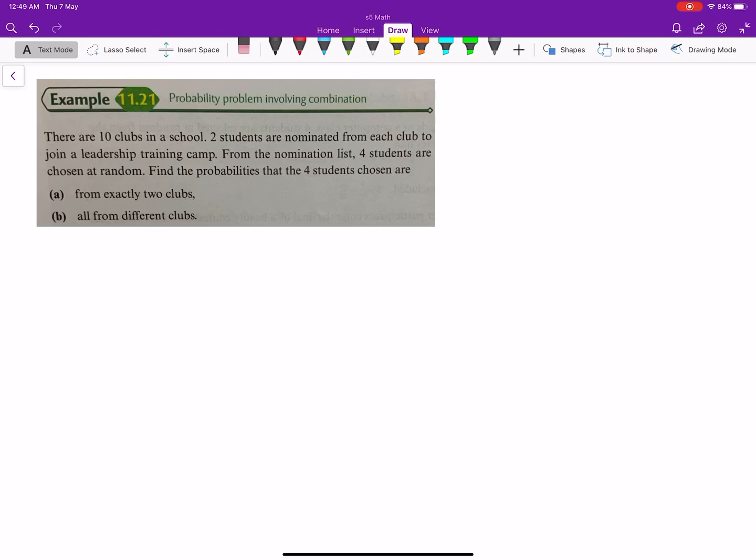Yes, it should be 20. And then from these 20 students, 4 students are chosen at random, and then find the probabilities of the following. So now, the case is you have 10 clubs, and 2 students from each club.